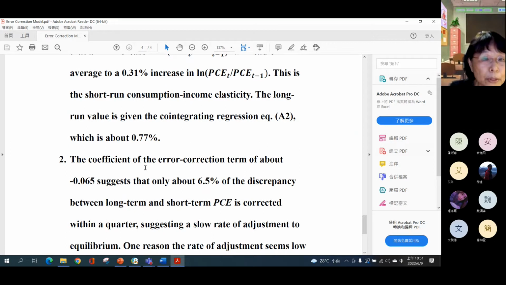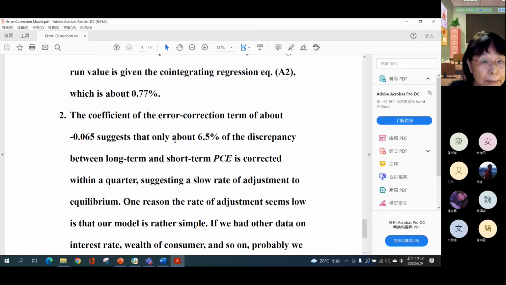So the coefficient of the error correction term of about 0.065 suggests that only about 6.5% of the discrepancy between long-term and short-term PCE is corrected within a quarter, since our data is quarterly data.